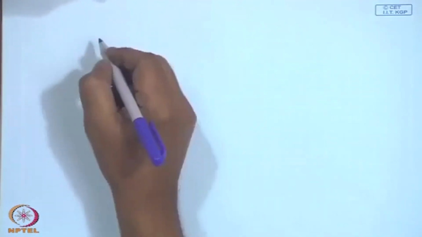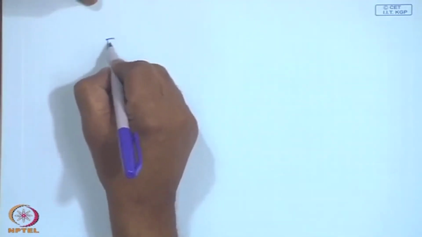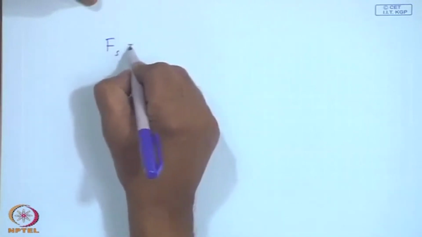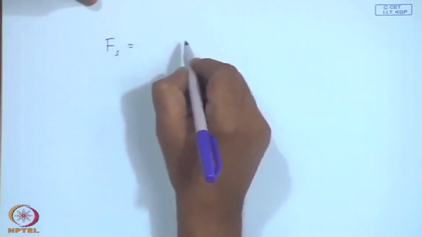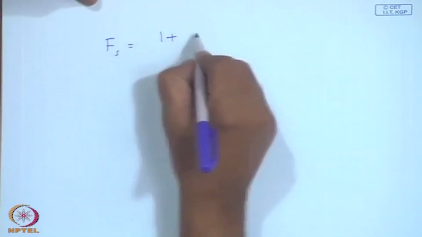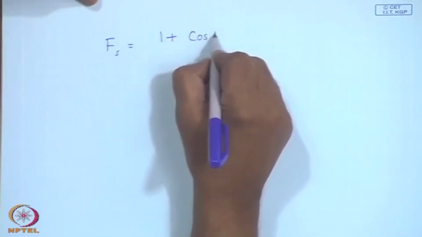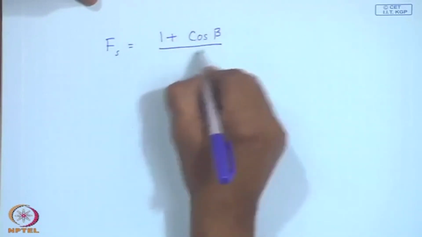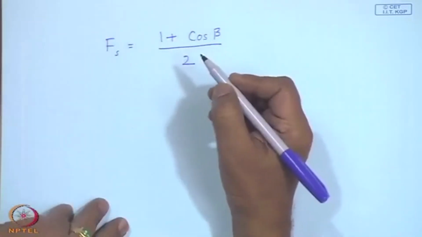Similarly, this Fs associated with GD is given by 1 plus cos beta by 2, where beta is the slope.